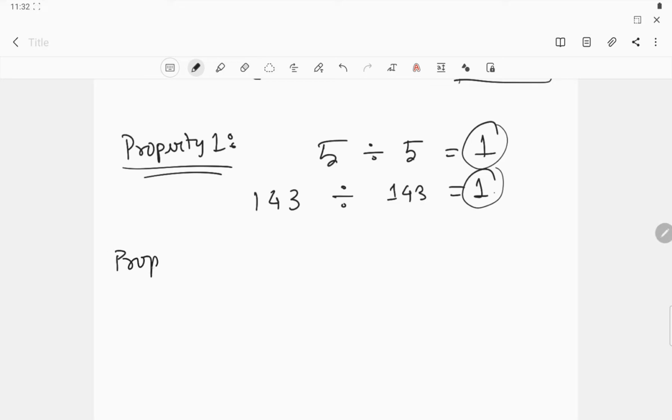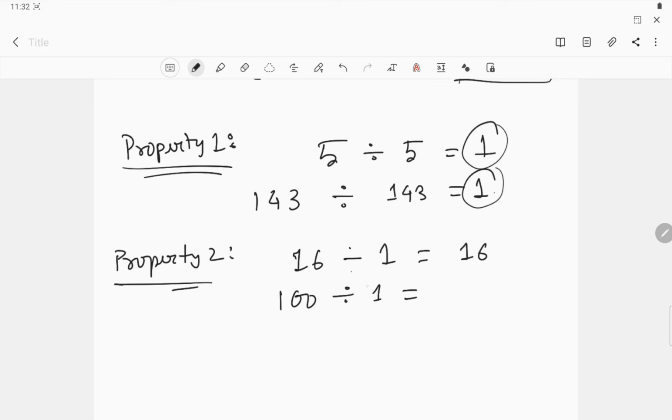Property number 2: a non-zero number, for example 16, if you divide it by 1, you will always get the number itself, 16. Take another example, 100: if you divide it by 1, you always get 100. That means a non-zero number divided by 1 always gives a quotient equal to the number itself, right?